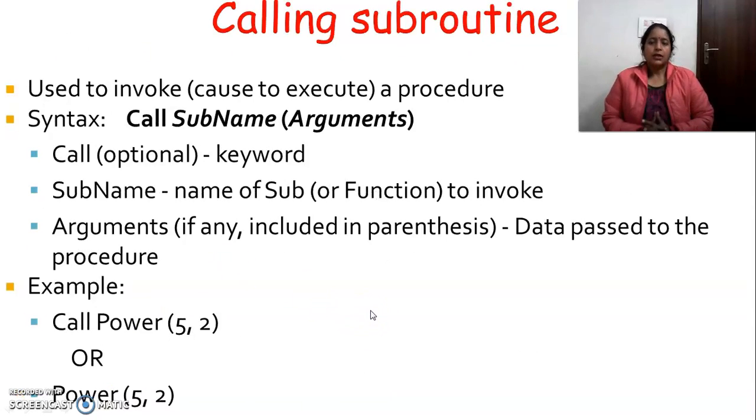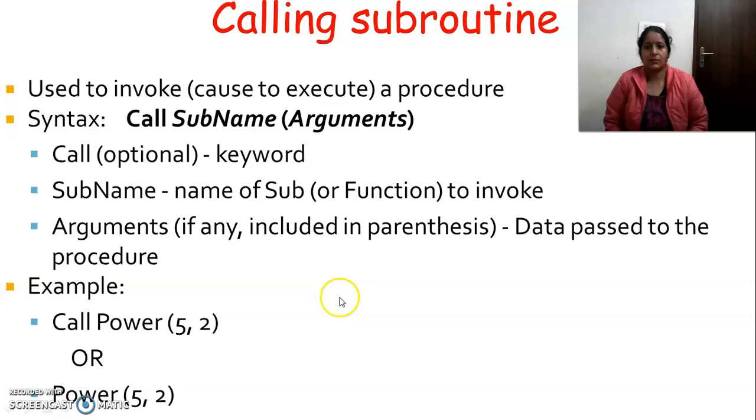Now, the next important question is how to call a subroutine or procedure. It is very simple. We can call a subroutine with the help of the call keyword and without the call keyword. The use of the call keyword is optional. As you see on the screen, this is the syntax to call a subroutine.